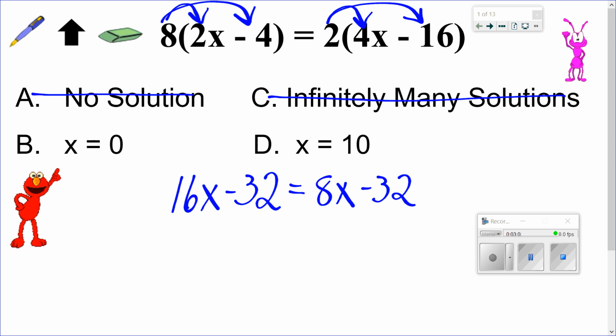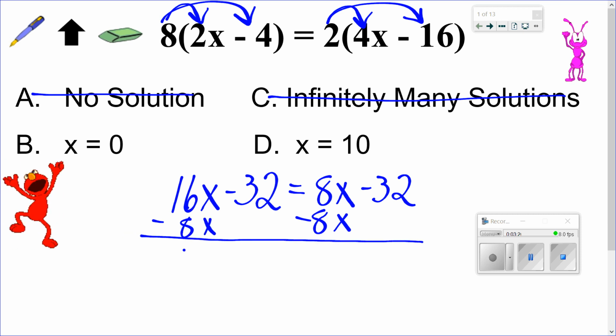Using our checklist, we did our distributive. Next is to combine like terms. Are there variables on both sides? So we take the smaller coefficient to the larger coefficient by using inverse operations. I'm going to subtract 8x on each side.